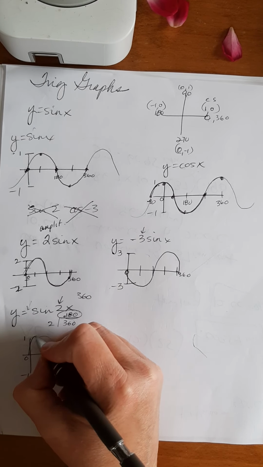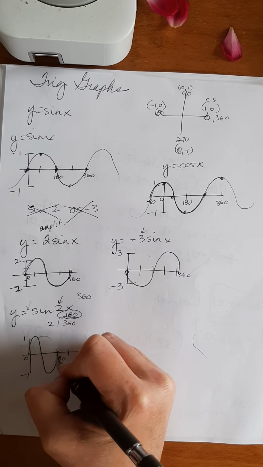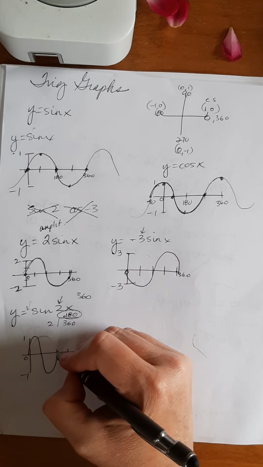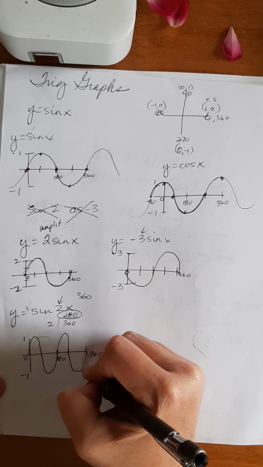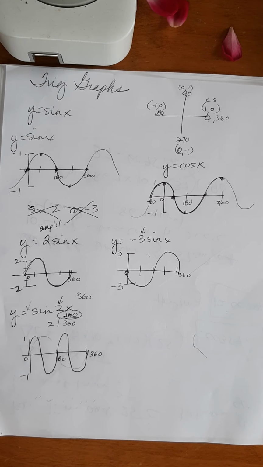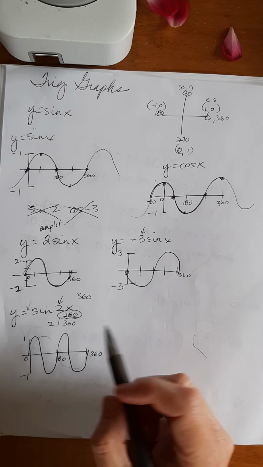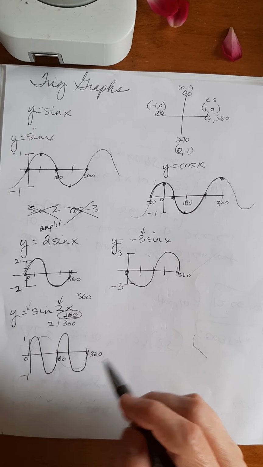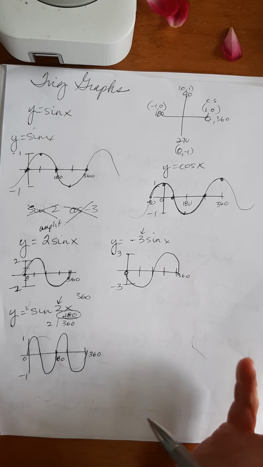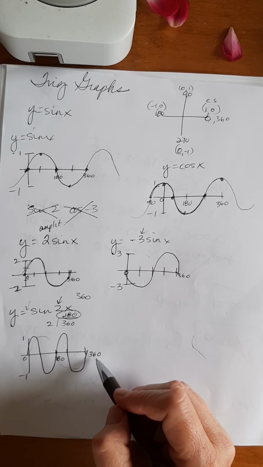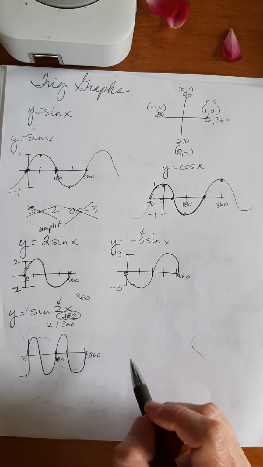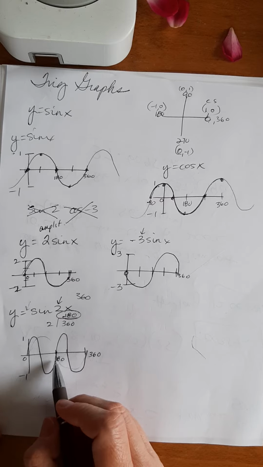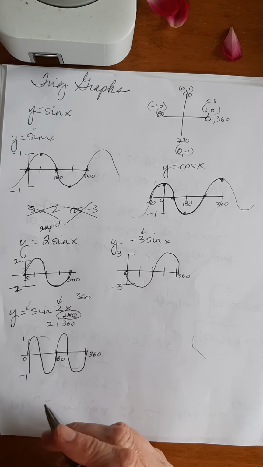So we're going to go up and then down to make 1, up and then down to make 2. If there was a 3, that would mean there's just 3 curves in the 360 degrees. So that would mean every 120 degrees there would be 1.